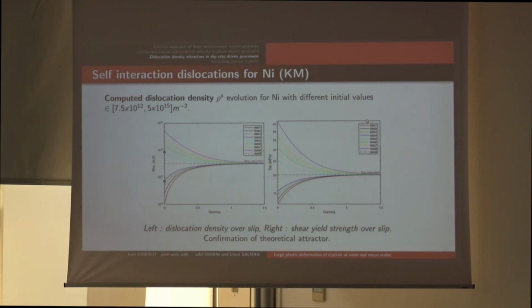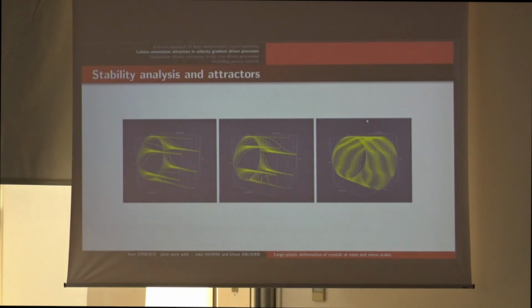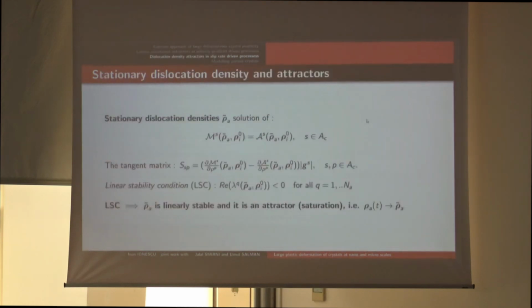And it was always the same in this case. Here the attractor is around 40%. All this analysis is valid after 50% of deformation. On small deformation, we obtain nothing. It is specific to large deformation.